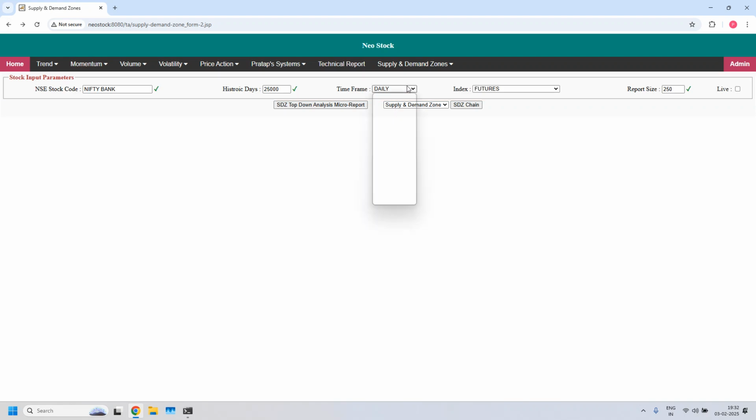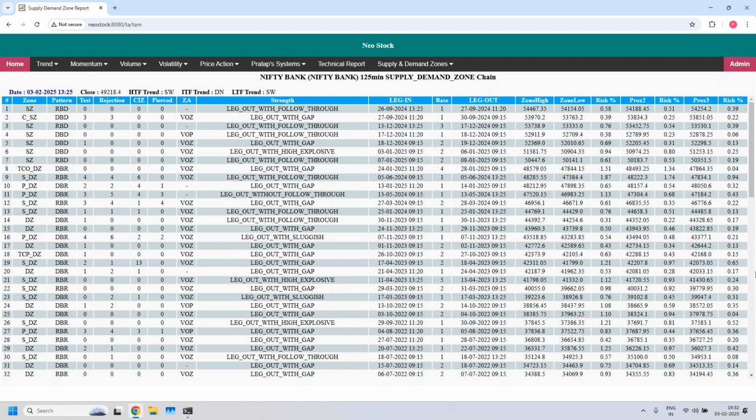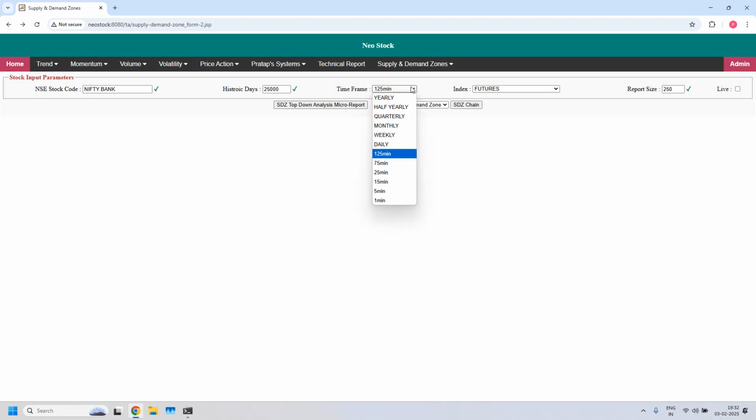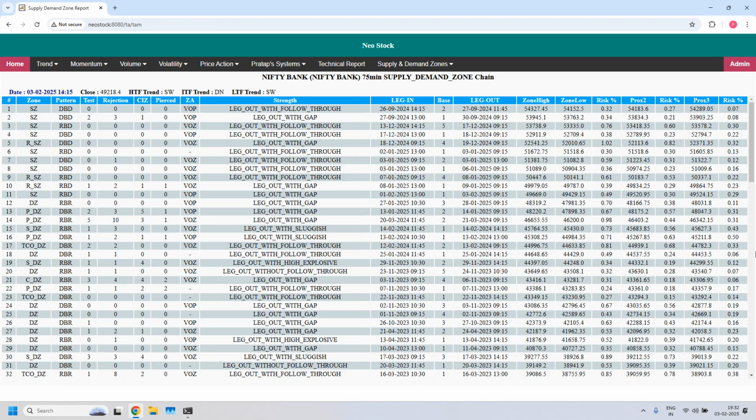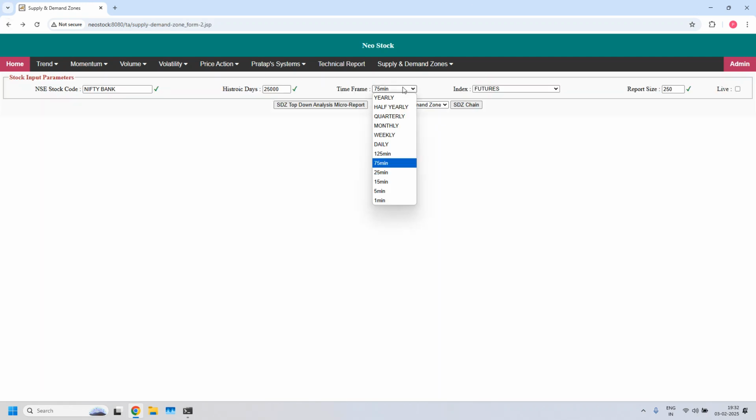Next, 125 minute supply demand zone chain for BANKNIFTY. Next, 75 minute supply demand zone chain for BANKNIFTY. Next, 25 minutes supply demand zone chain for BANKNIFTY.